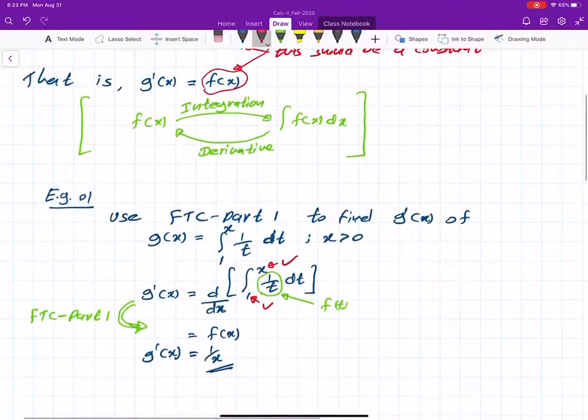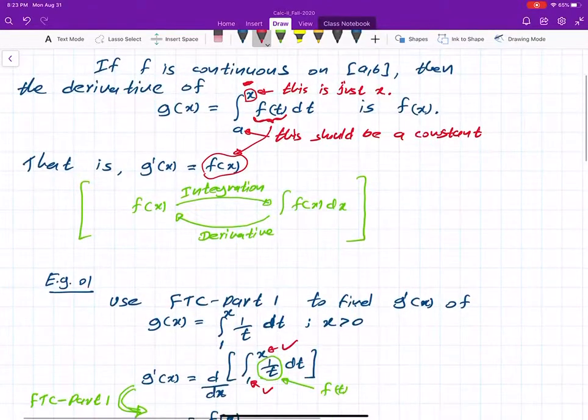Go back to the fundamental theorem of calculus. See, here the function is f of t. Here you wrote f of x. That's how the fundamental theorem works.